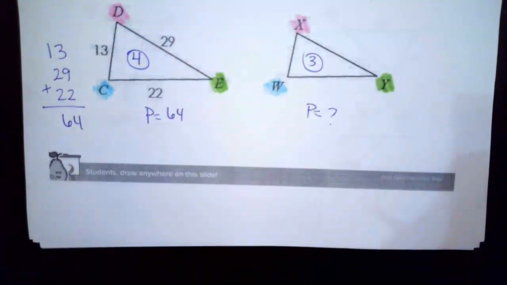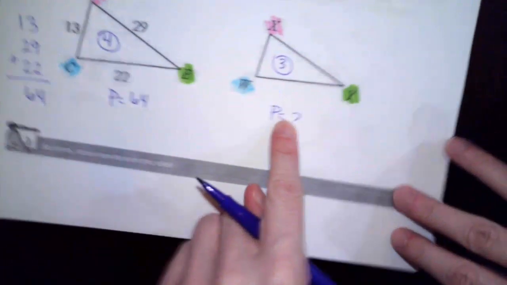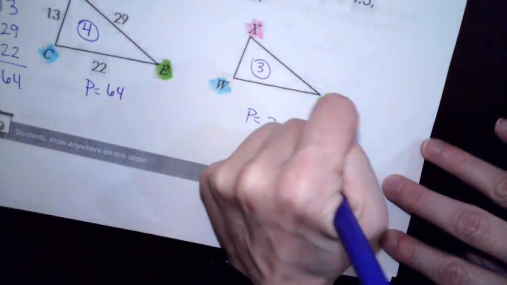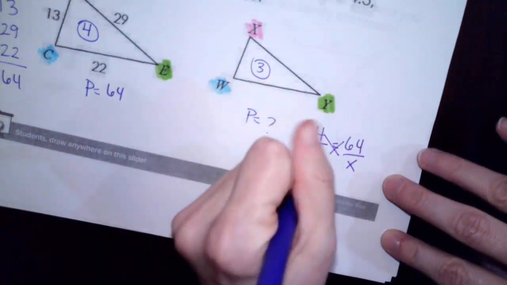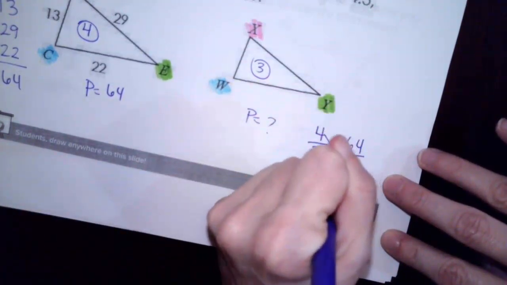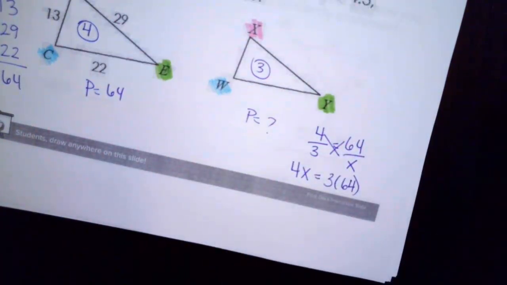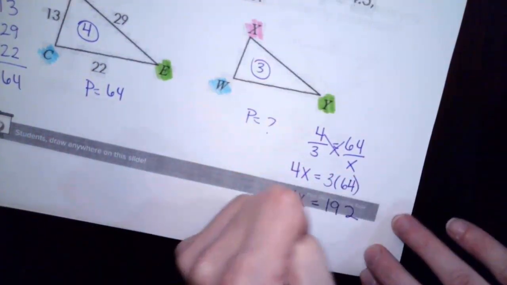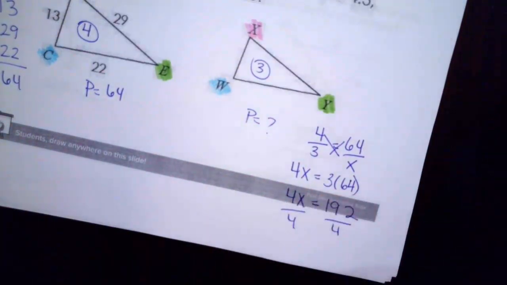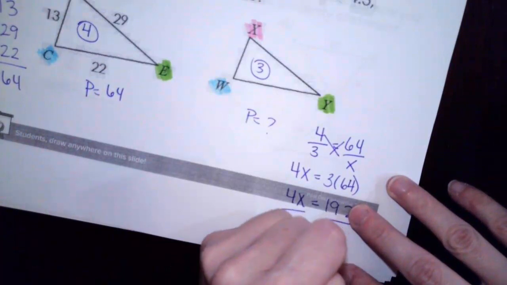All right, now we can set up a proportion. 4 over 3 equals 64 over x. Cross multiply. Three times 64 is 192. Divide both sides by 4. And we get x equals 48.